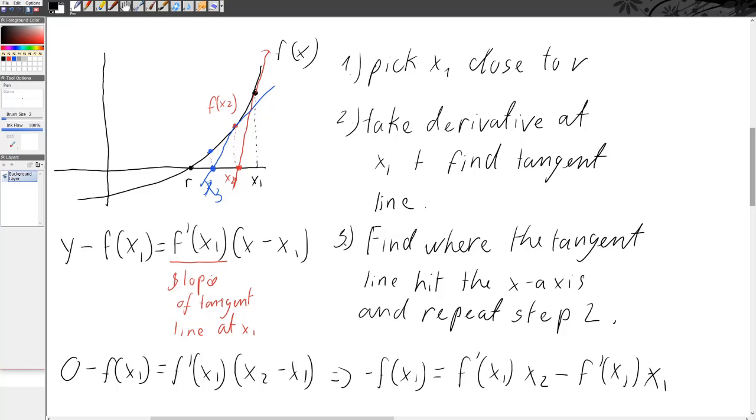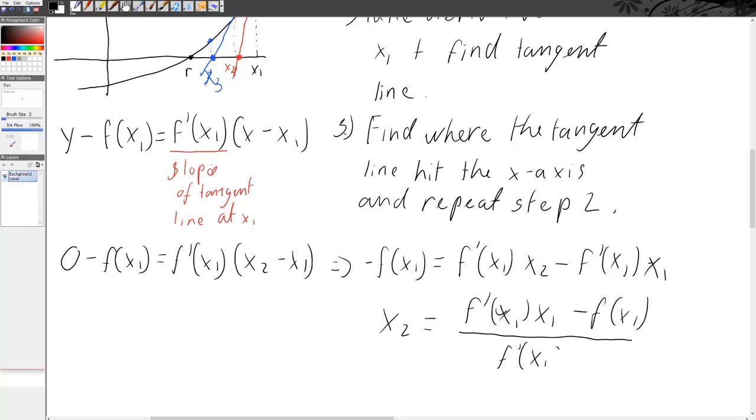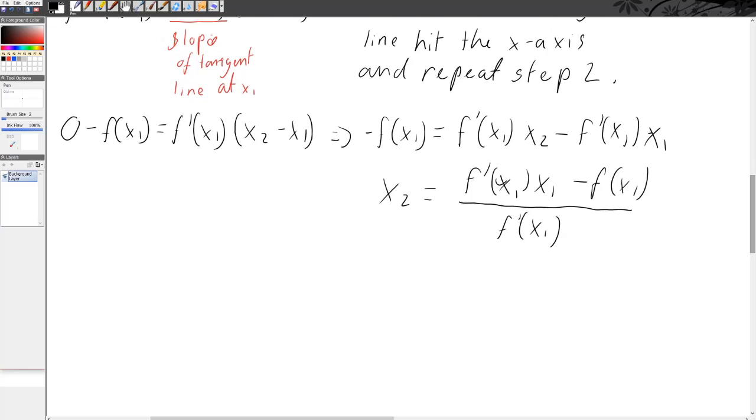Then we solve for x2. That's going to be f prime of x1, x1 minus f of x1 divided by f prime of x1, and simplify. So we have x1 minus f of x1 over f prime of x1.